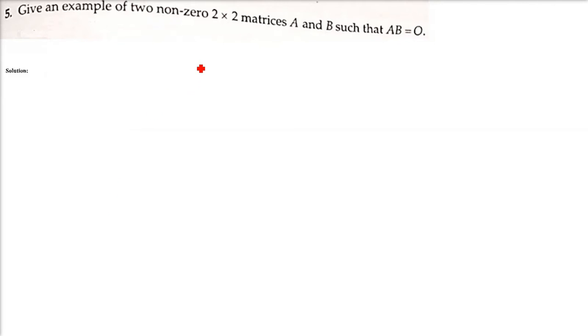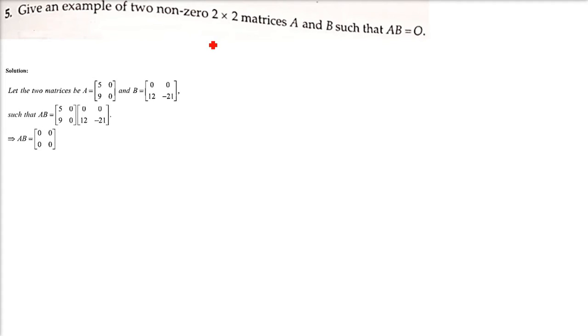Give an example of 2 non-zero 2 cross 2 matrices A and B such that AB equals 0. Now if this type of question comes, whether it is 3 by 3 or 2 by 2, you just have to see that in the multiplication you are multiplying the row of the first matrix with the corresponding column of the second matrix.